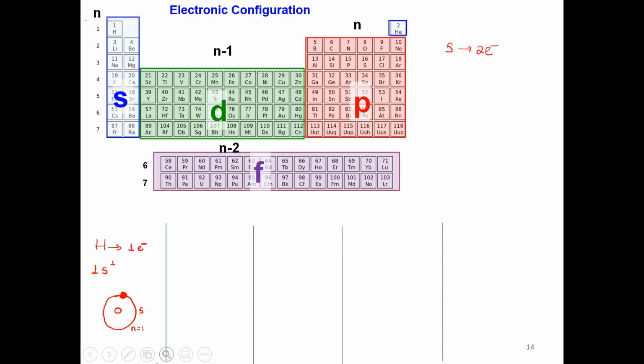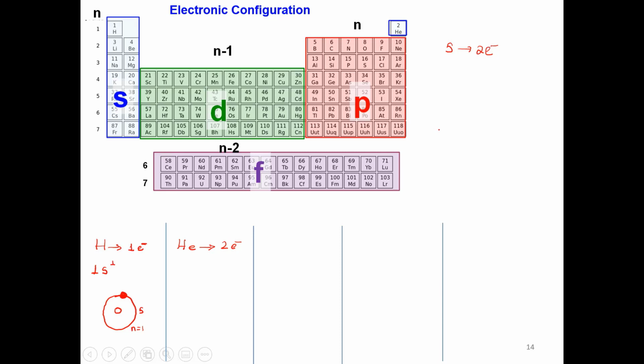Now let's try helium. We know helium has 2 electrons. Remember, helium is placed here, because the properties of all these gases are similar, but the real position of helium should be here. This is why it's blue also.